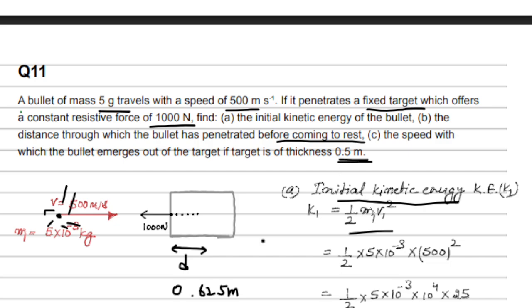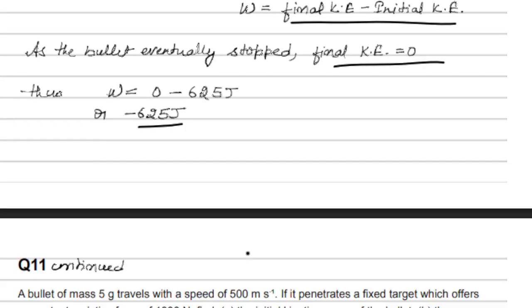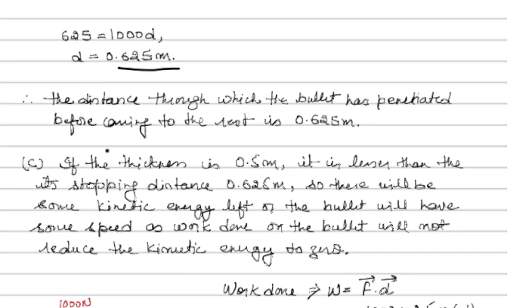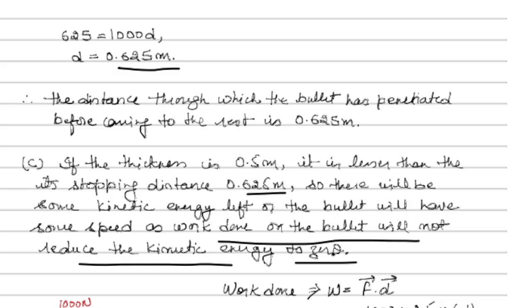So how much energy can it remove? If the distance is half a meter, it is lesser than its stopping distance, right? 0.5, 0.625. So there will be some kinetic energy left, or the bullet will have some speed. Work done on the bullet will not reduce the kinetic energy to zero. There will be something remaining.